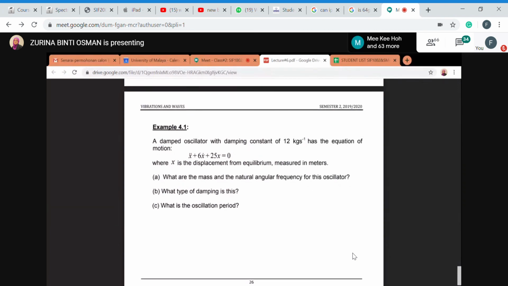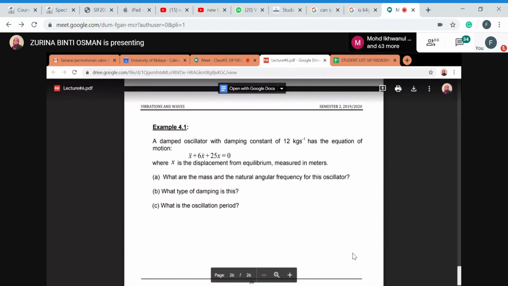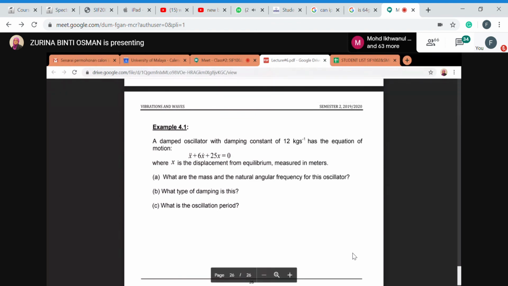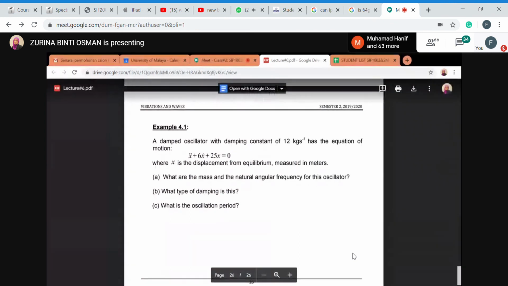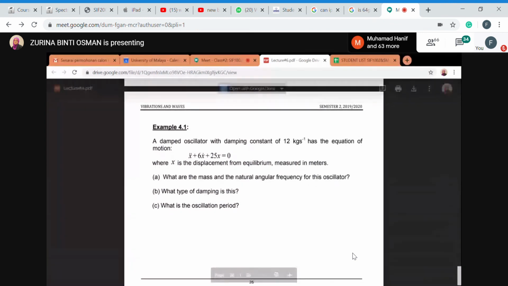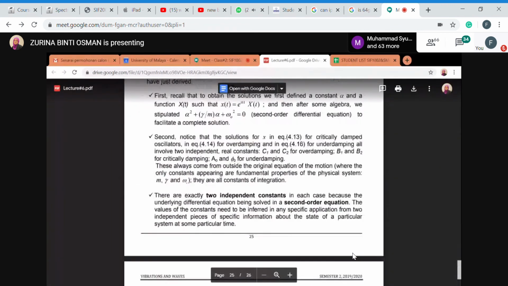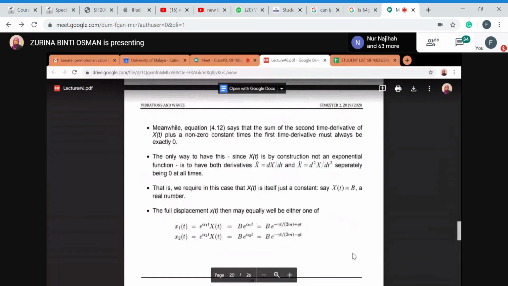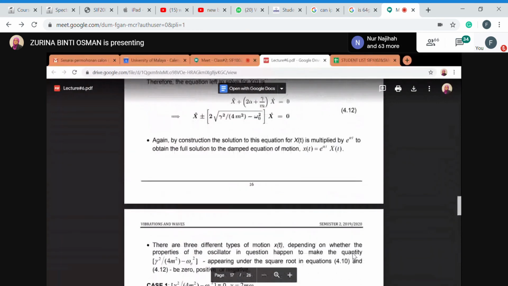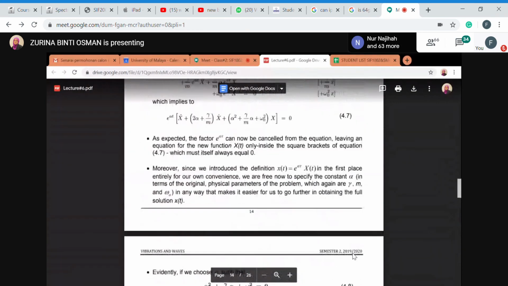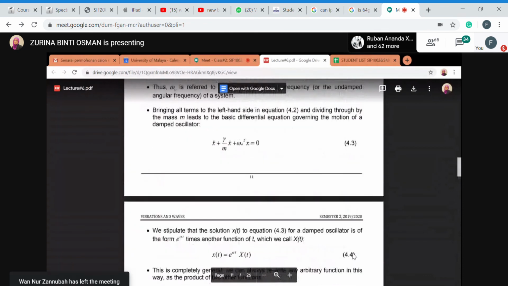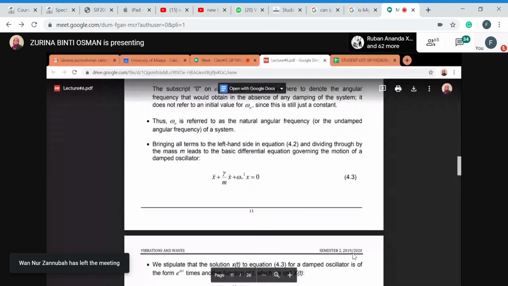Okay, as usual, to solve this simple harmonic motion problem, we need to refer back to the basic equation of the motion of damped oscillation, which is given by this equation.